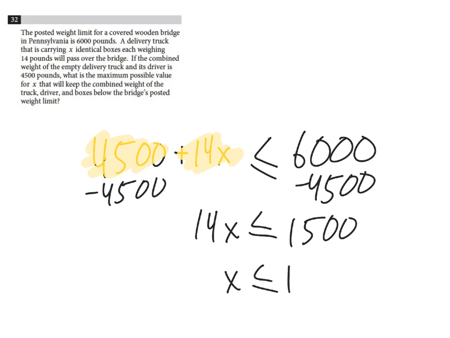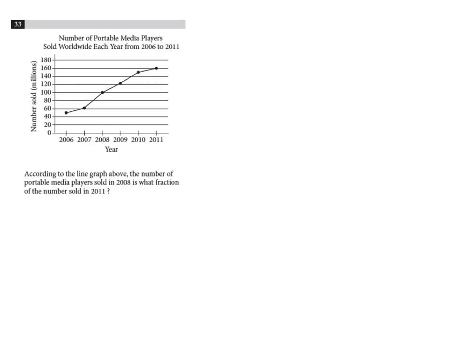It's going to be less than 107.1. Okay, and it says what is the maximum possible value for x that will keep the combined weight of the truck and driver below the bridge's posted weight limit? Well, that means we have to be less than or equal to 107.1.